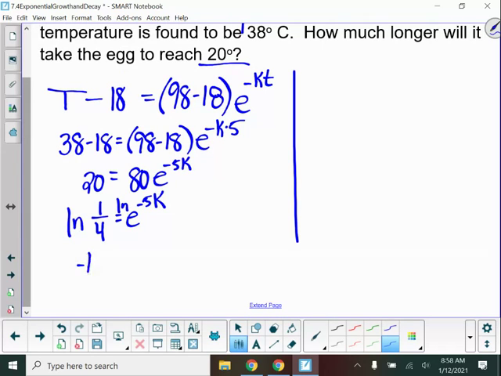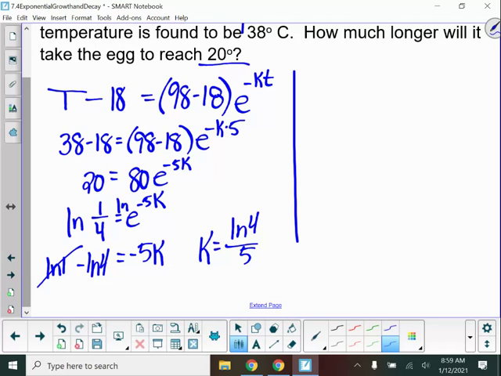So this is negative natural log of 4, because the natural log of 1 is 0, so that's gone, and that's equal to negative 5k. If I divide by negative 5, I get that my k is the natural log of 4 divided by 5. So that's always going to be my K value.